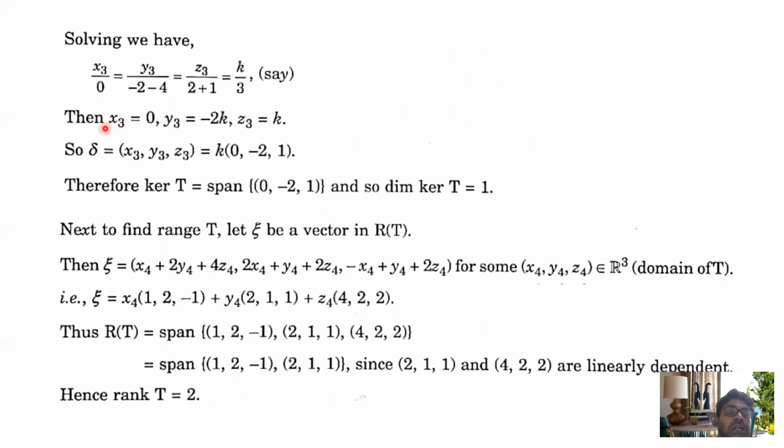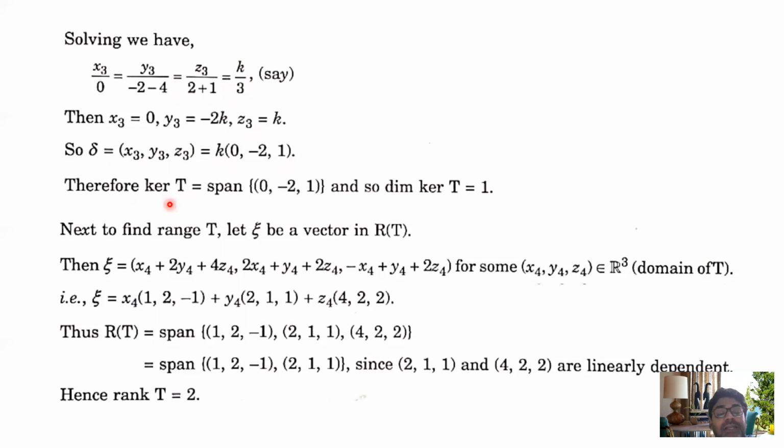So from it, it is clear that y3 is equal to minus 2k and z3 is equal to k. Suppose you have a doubt why I'm taking this: because this k is common to both. Otherwise, you may consider only k. After that, you have to separate this. So delta is equal to (x3, y3, z3) is equal to k(0, minus 2, 1).